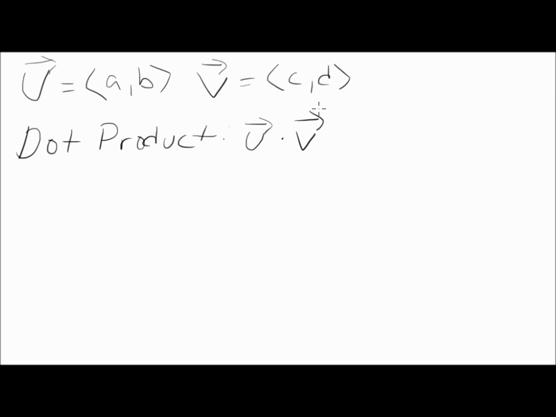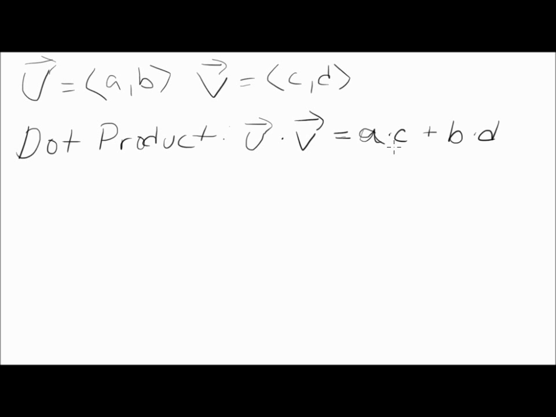So it kind of looks like multiplication, and the formula will come out from that, and it'll be a times c plus b times d. So this is just like a normal multiplication problem. You have numbers in there for a, b, c, and d. Your answer is simply going to be multiply a and c together and multiply b and d together and then add those two together.